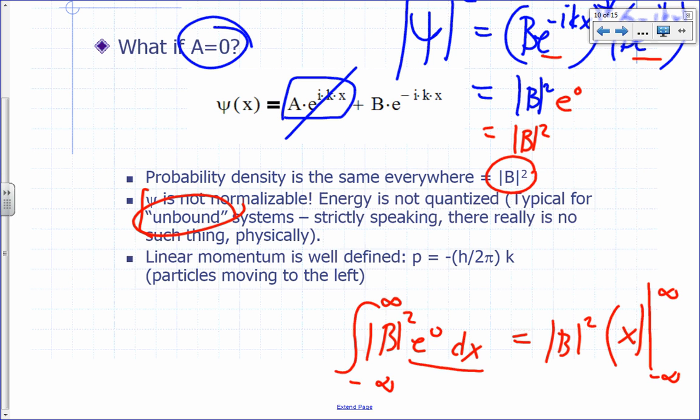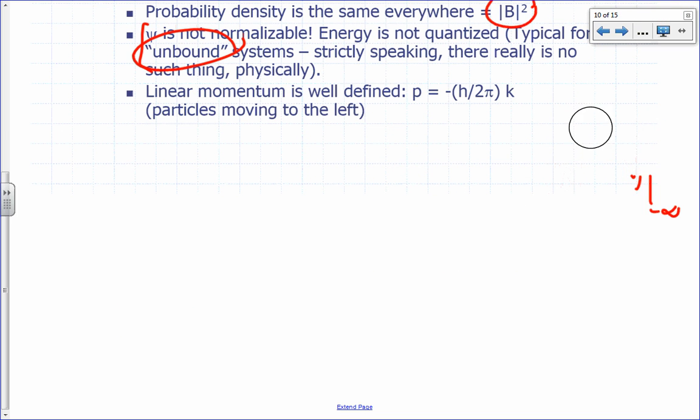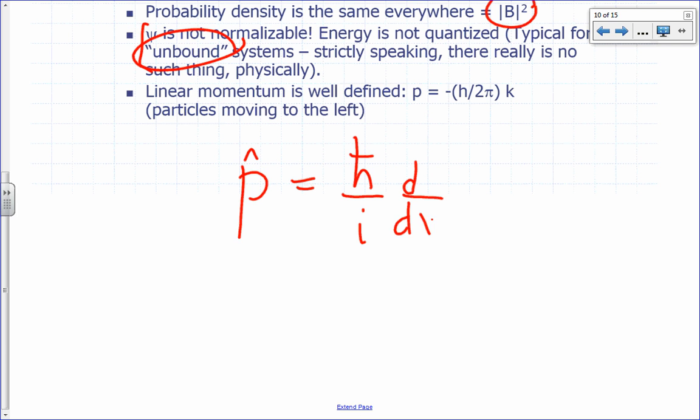Okay? But one thing you'll notice about this is that linear momentum is well defined. How do you determine if this is a well-defined linear momentum? Then psi must be an eigenfunction of the linear momentum operator. What's your momentum operator? h bar over i, derivative with respect to x, right?